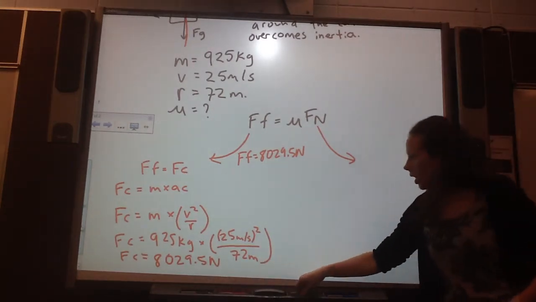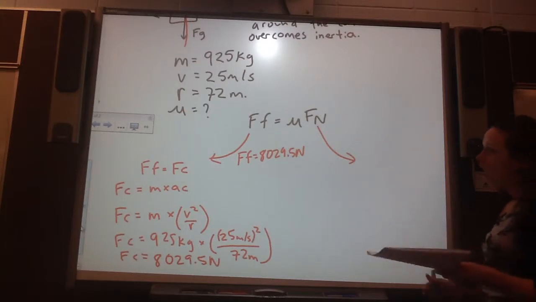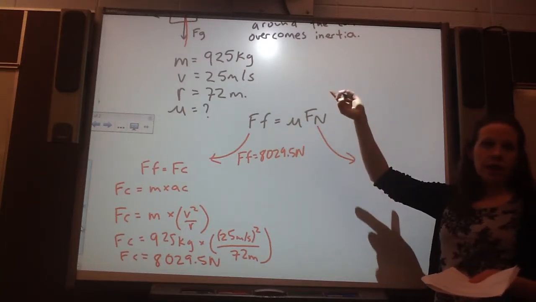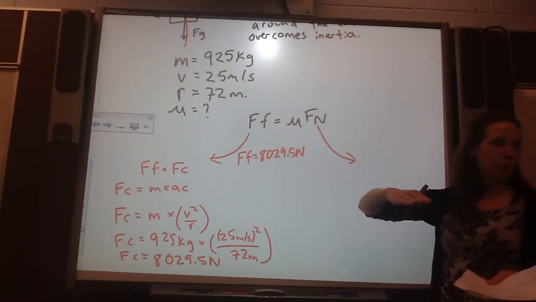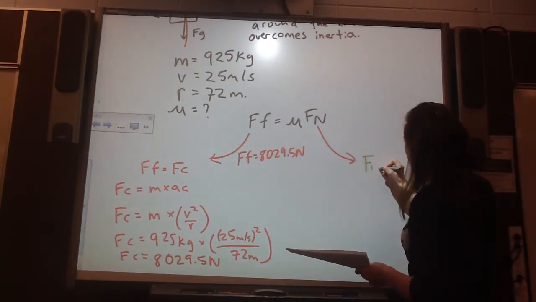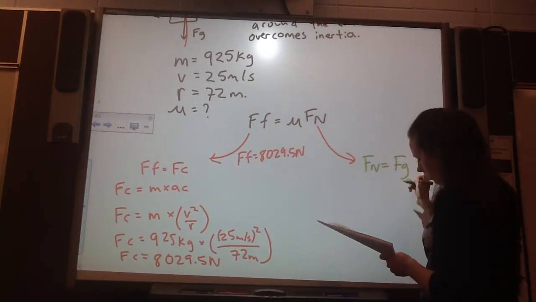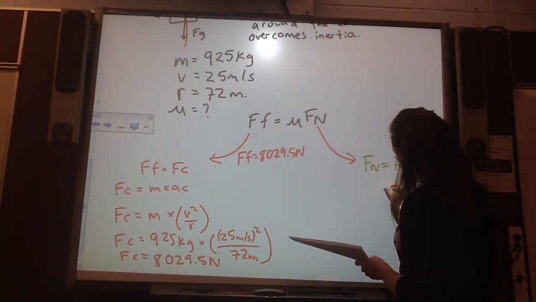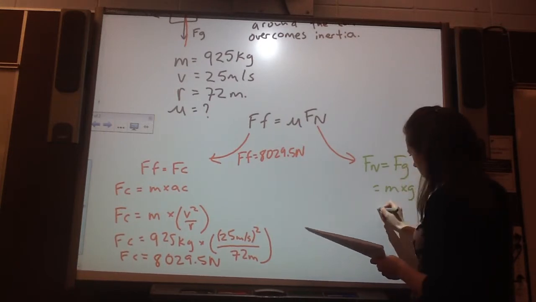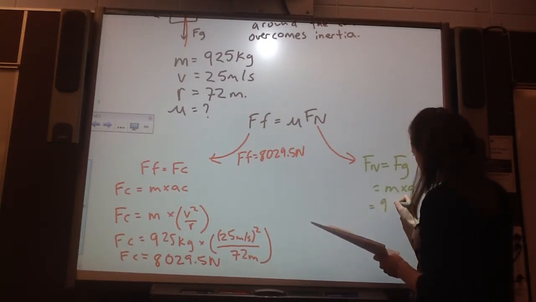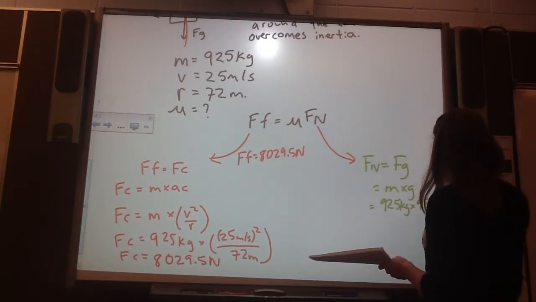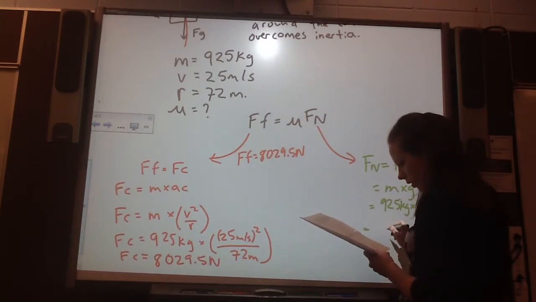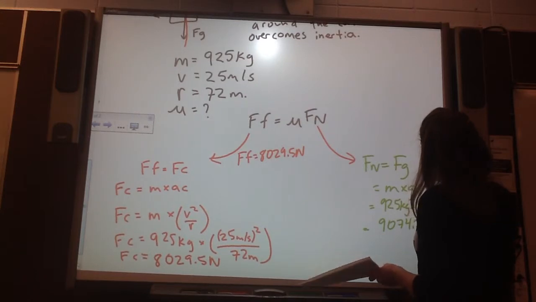Now I need to find my Fn. As we said before from our free body diagram, Fn must equal Fg because there's no up or down movement going on. So that's equal to m times g: 925 kilograms multiplied by 9.81 meters per second squared is equal to 9,074.25 newtons.